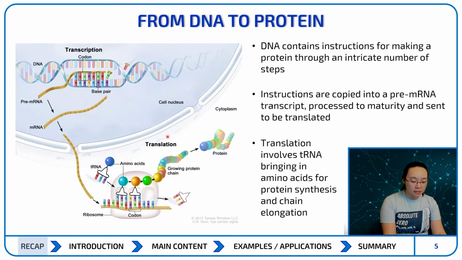So that's the translation step. What's going to happen is your ribosomal subunit is going to come together, create that initiation complex, and you have transfer RNAs that are going to bring in amino acids for specific codons.